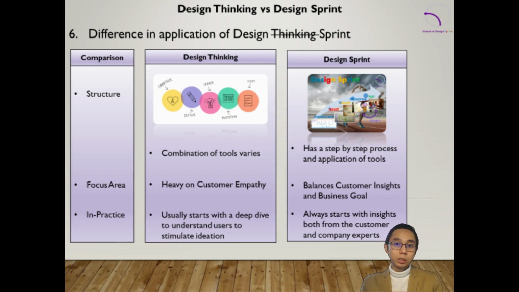In practice, what this means is that design thinking starts with user empathy, hence the use of customer persona and customer journey map, including pain points and emotions, right? You will use this as the main platform for your ideation. On the other hand, design sprint's Ask the Expert obtains feedback from both business team members and customer insight.